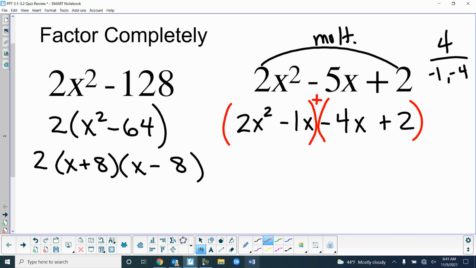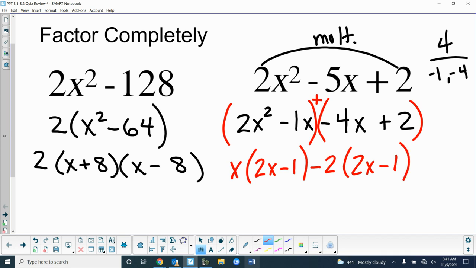What's the GCF of the first group? X. What's left? 2x minus 1, right? Since there's a negative there, pull out the negative sign. What goes into those 2? 2, right? Negative 4x divided by negative 2 is positive 2x. Positive 2 divided by negative 2 is negative 1.